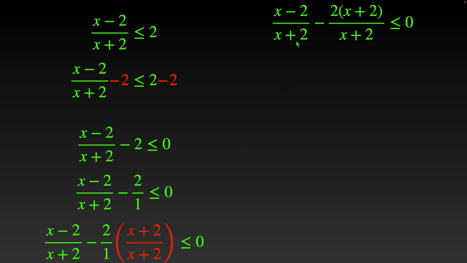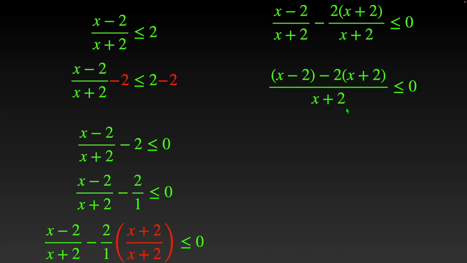Now that we have a common denominator, we can combine the numerators over one common denominator. When we distribute this negative 2, we're going to multiply it by x and also positive 2. Negative 2 times x, that's negative 2x. And negative 2 times positive 2 is negative 4. Just like this.